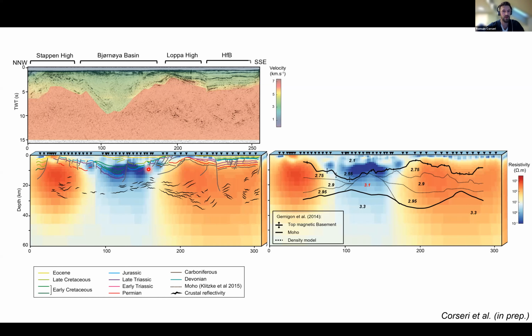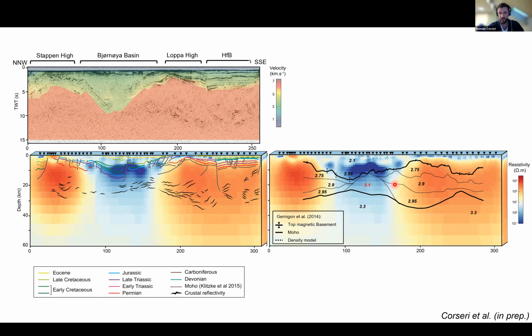So it's quite unambiguous that this conductive zone is constrained to the basin sediments. That will have to be considered in the interpretation of these resistivity models.